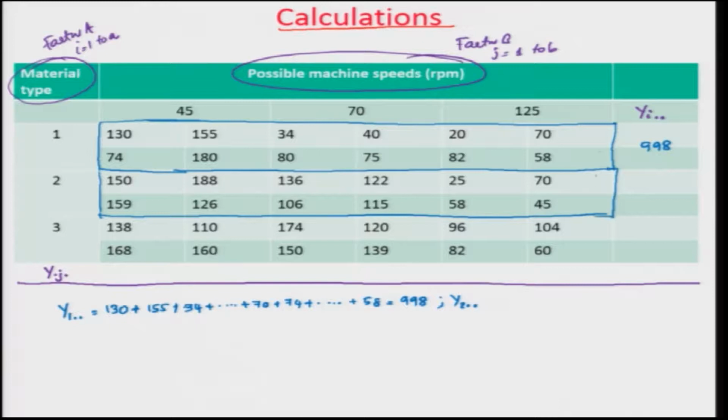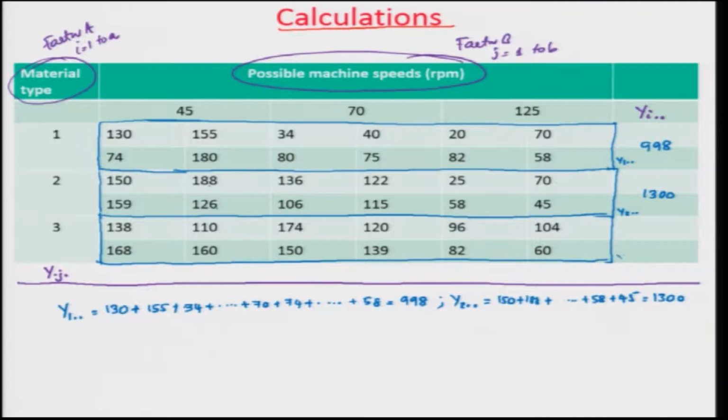So y 2 dot dot will be calculated the same way, as 150 plus 188 plus 136 plus all the way to 70 plus 159 plus 126, all the way to 58 plus 45. You sum all of these and you get 1300. The same way, the third value that we are going to compute is y 3 dot dot.